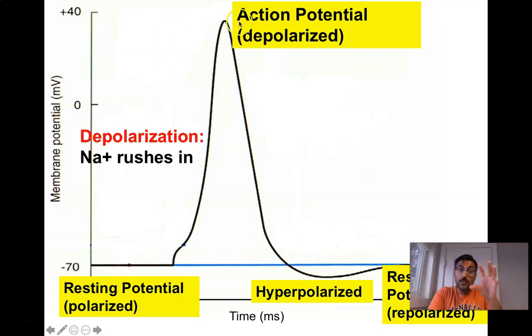Now, when this portion of the neuron has reached positive 40 millivolts, it needs to go back down to that resting negative 70 because it needs to prepare itself for another transmission to come through it. It's as if you have a road and your car is driving through it, and every time your car drove through it, you created giant holes in the ground.